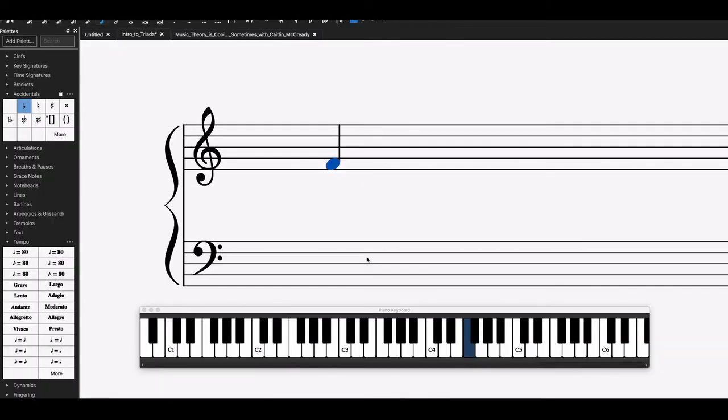Just for fun, now let's build a diminished triad starting on F. We know we'll need two minor thirds, a minor third between the root F and the third, and another minor third between the third and the fifth of the chord, with the interval of diminished fifth between the root and the fifth. I've already written an F. Next, we'll need a minor third above F. That's going to be A flat.